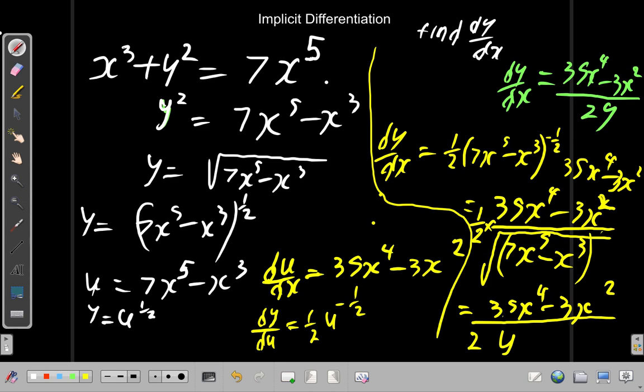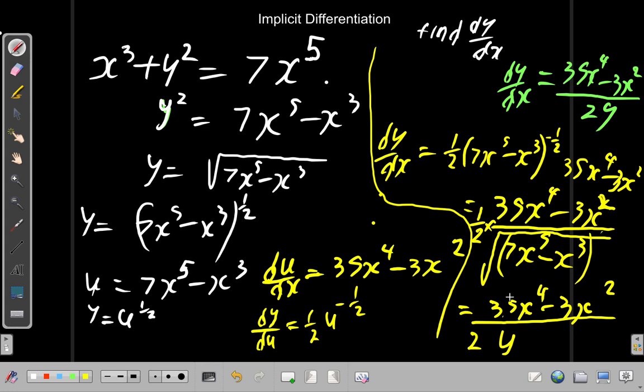It's just that we were able to transpose this function to make y the subject. And it was relatively easy to transpose. And then we compared it with what we got by implicit differentiation in the previous video.